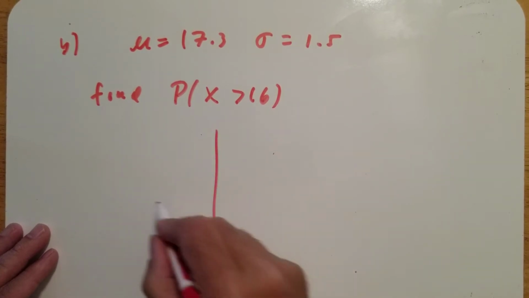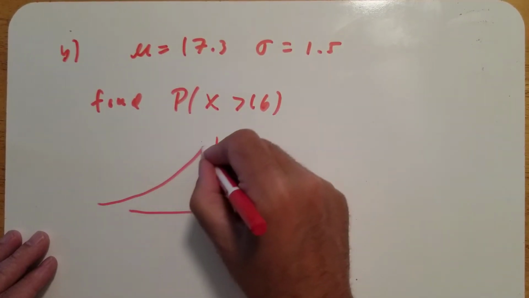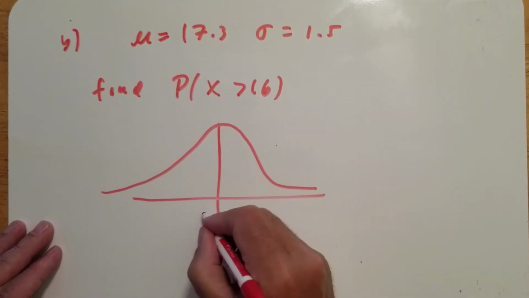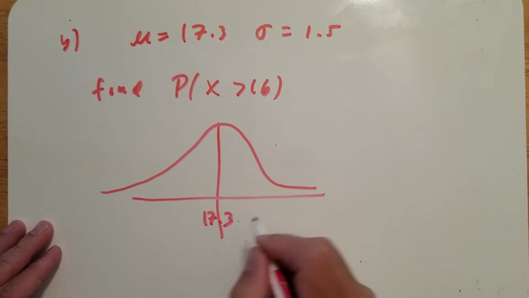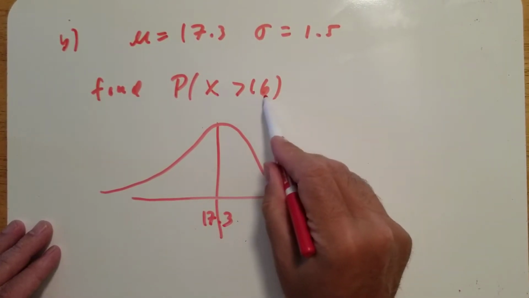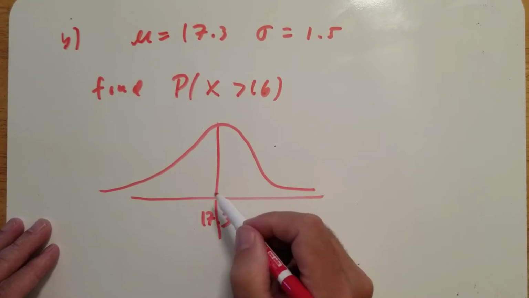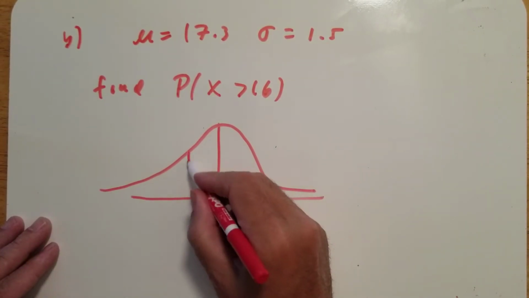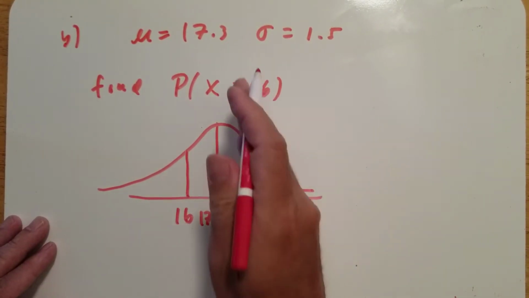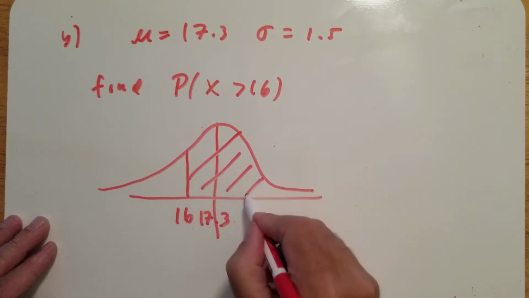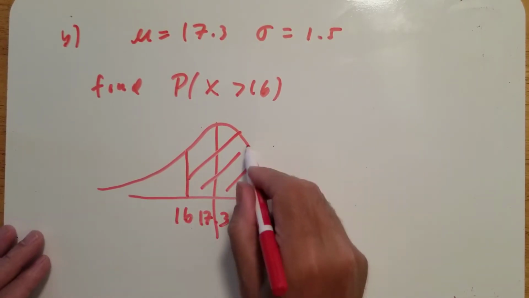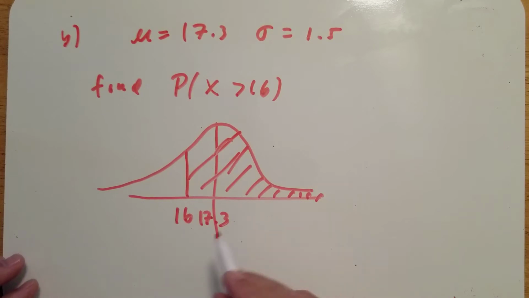Here's the picture. So remember, 17.3 is in the middle. Now bigger than 16 means 16 is the low value, a little bit less than 17.3, and greater than 16, so it's all this area that represents the probability.